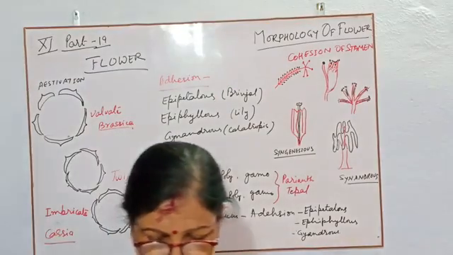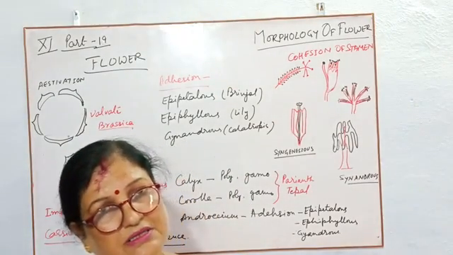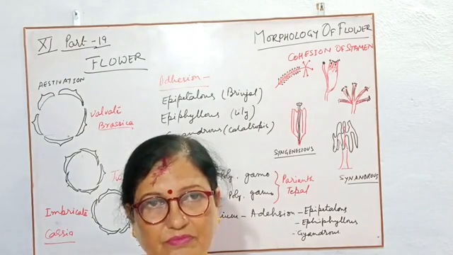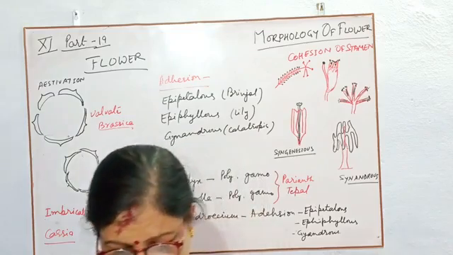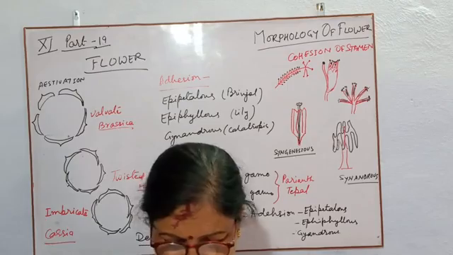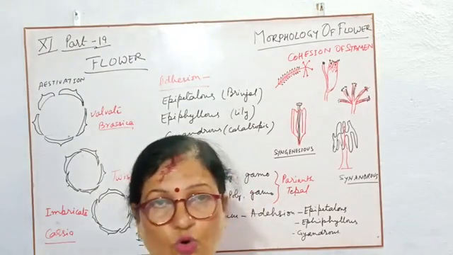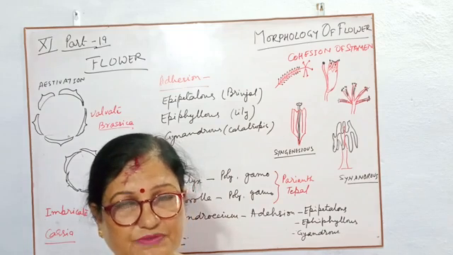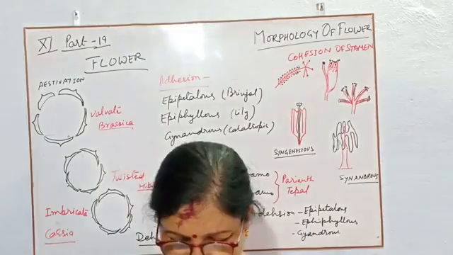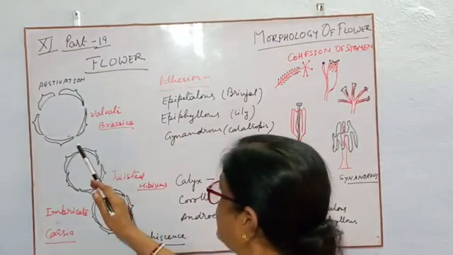Whether they are free or joined, they are present on the same plane, or you can say in the same radius. There will be no overlapping of their margins. Understood? So this is known as valvate estivation.